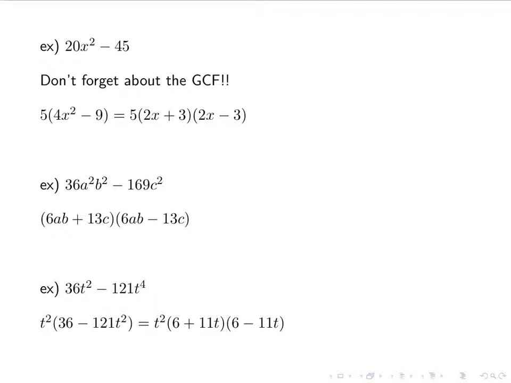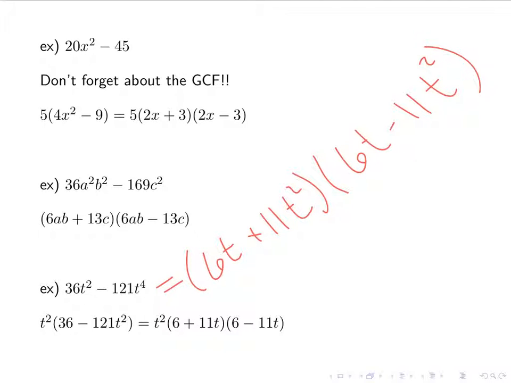You might not have noticed the t squared at first because if I look at them individually, 36t squared and 121t to the fourth, they're both perfect squares. So I could have gone directly to the perfect squares and said, well, this is equal to 6t plus 11t squared times 6t minus 11t squared.